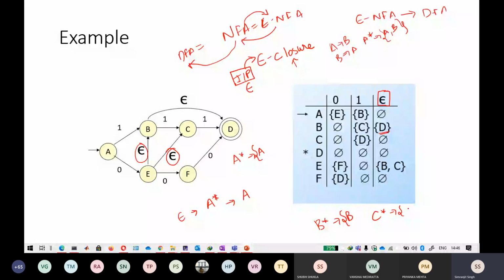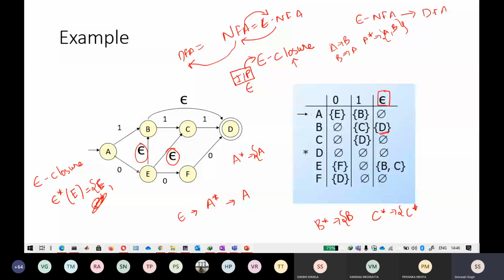Okay, so epsilon closure can be denoted like this, or epsilon star is also called epsilon closure. So epsilon closure of E here: from E, the first step is to add E itself. E will always be a part of the closure.